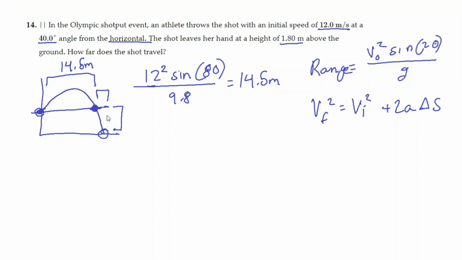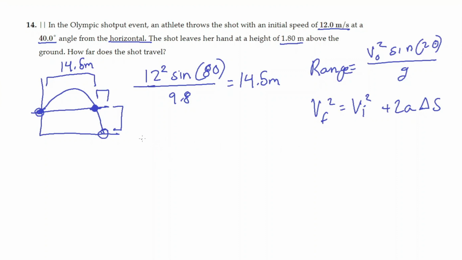So what we're going to do is use the final velocity equation. We know the initial velocity, the acceleration, and delta s. We're going to find the final velocity and then find the time using the final and initial velocities.